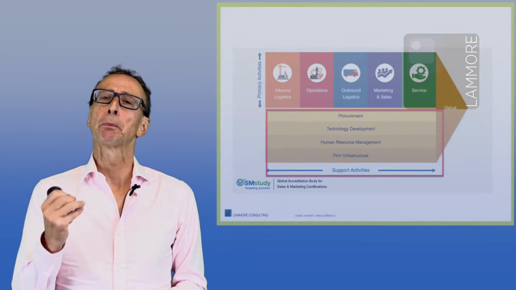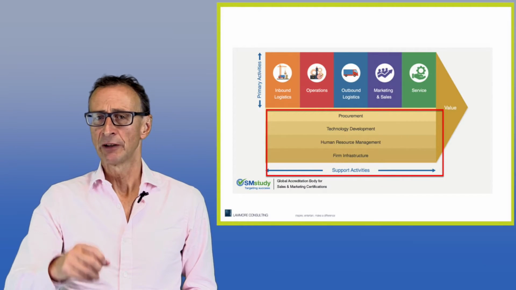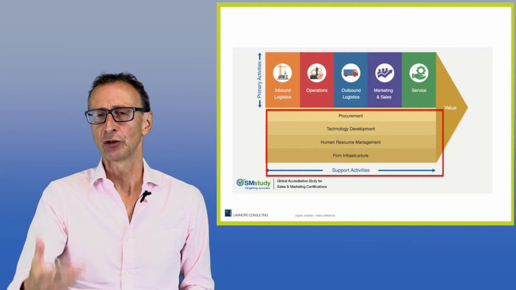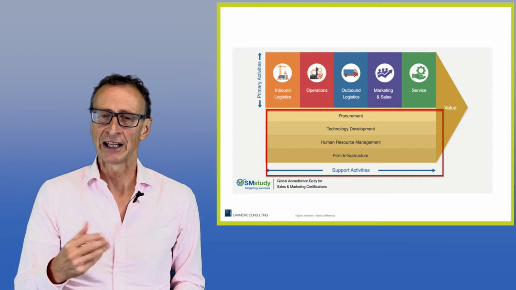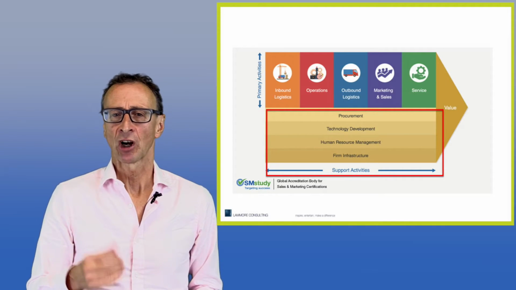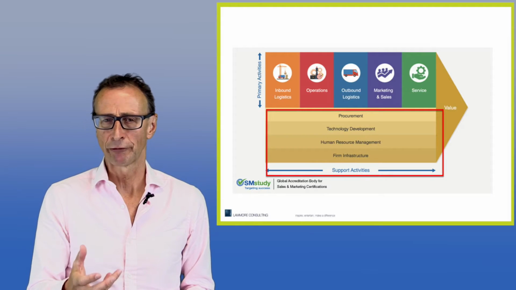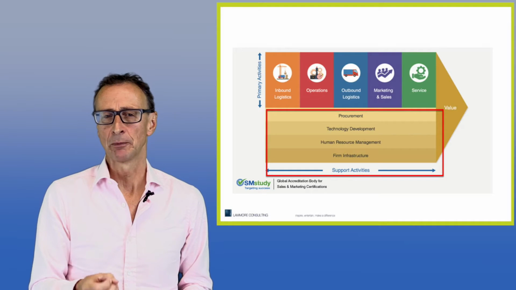In terms of the support activities, he talks about procurement, if you like, the purchasing that the organization needs to do to get those raw materials into the company. He talks about HR, human resource management. This is how well a company hires, trains, rewards, retains its workforce. It talks about the technological development.